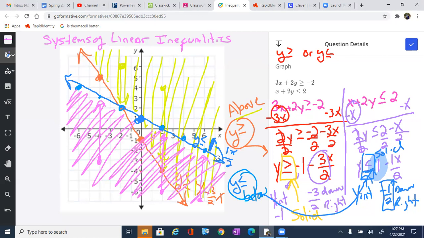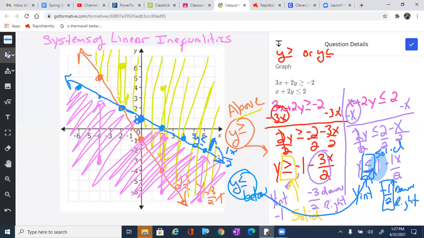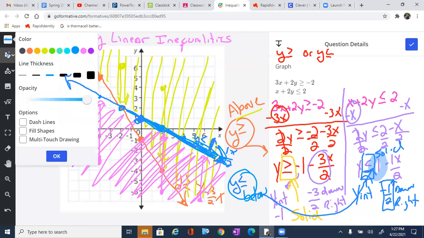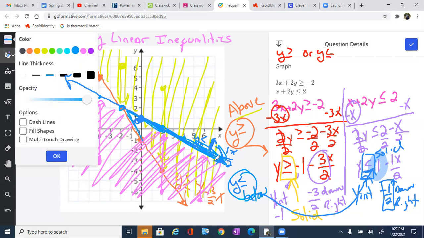Now, the region we are looking for is the region in which there is an overlap. What you'll notice is this blue section overlaps the yellow right there. This orange section of line, because it's solid, also overlaps the areas. If it was dashed, it would not, but since it's solid, it does.